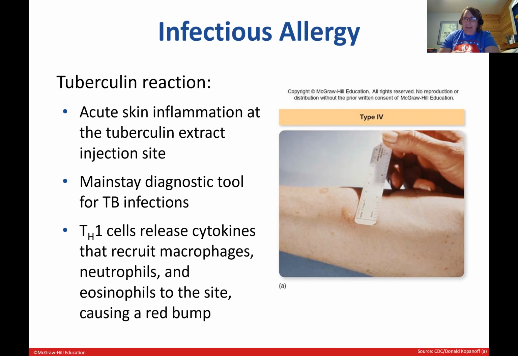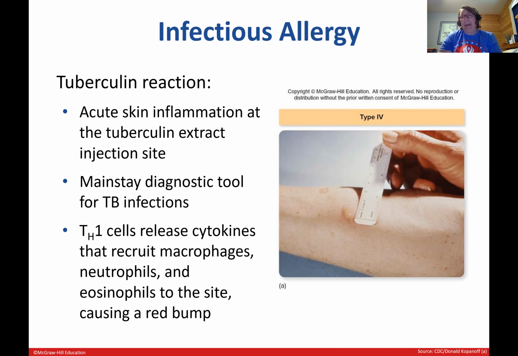If you have not been exposed, then you don't have all of the T cells that would normally deal with a tuberculosis infection. And because it's just the toxin, it's not enough to start an immune memory process. So if you've never been exposed to tuberculosis, you would test negative multiple times getting this test. So this is the diagnostic tool for tuberculosis infections, or to clear people from a tuberculosis infection status.